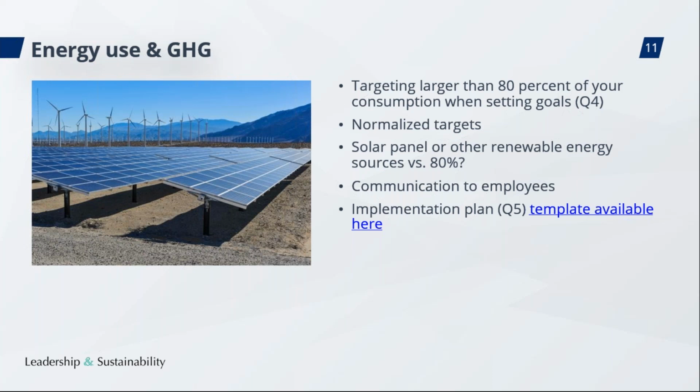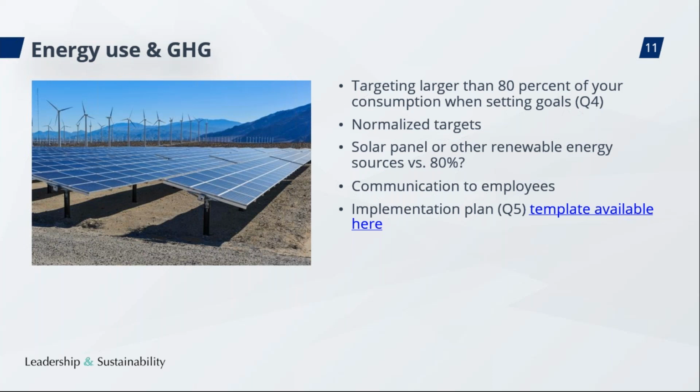And this is to reward you for aiming to improve your most significant sources of energy use, which will maximize the environmental impact of your programs. So if you have a target, for example, covering less than 50%, you will actually receive 0 points here. So that's important to keep in mind.